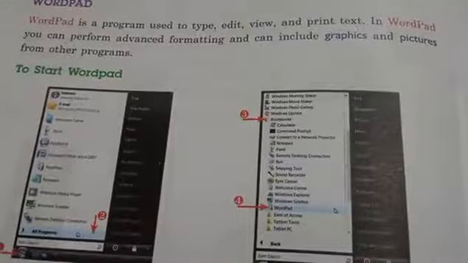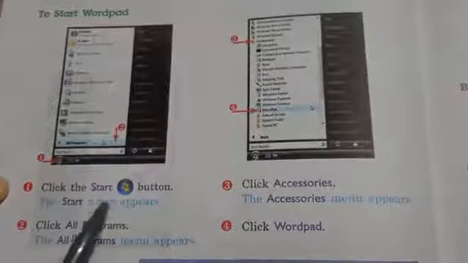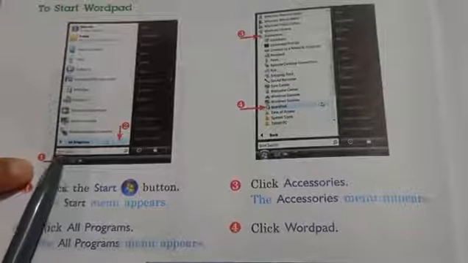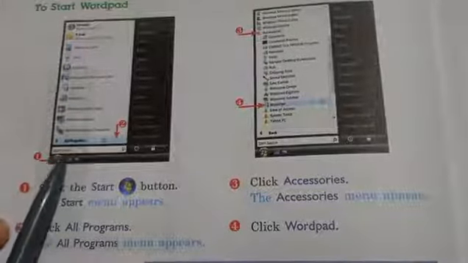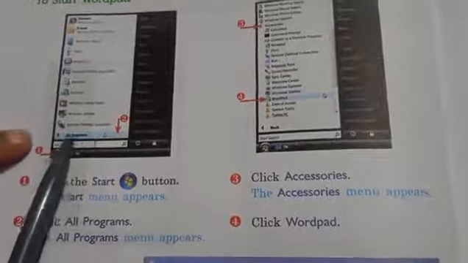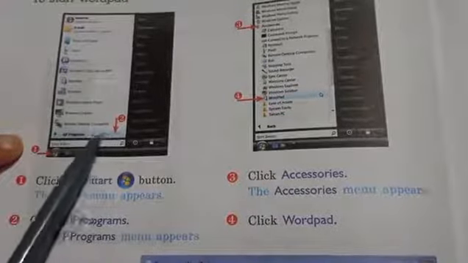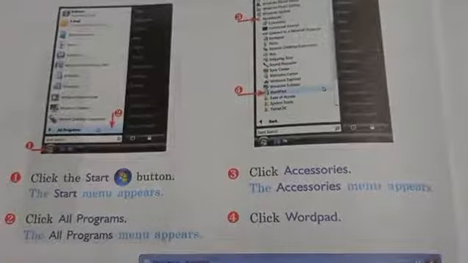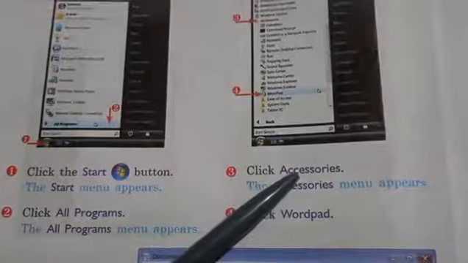Now how can we start WordPad? To start WordPad, first step is click the start button. The start menu appears. Second step, click all programs. The all programs menu appears. After that, click accessories.